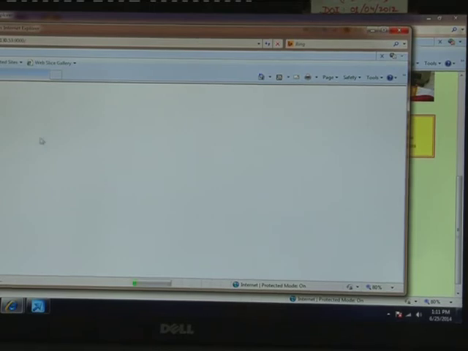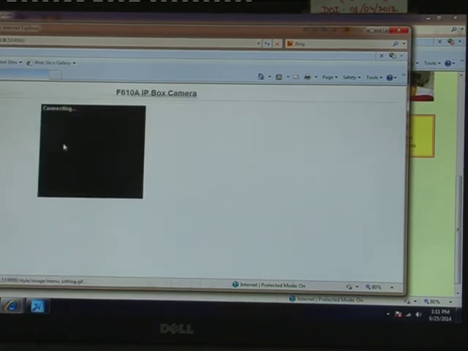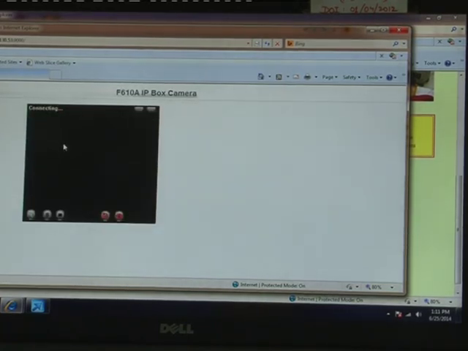The connecting time with the camera depends upon the speed of your internet connection. To perform the experiment, it has to be done in Chrome, and to see this setup, it has to be opened in Internet Explorer.